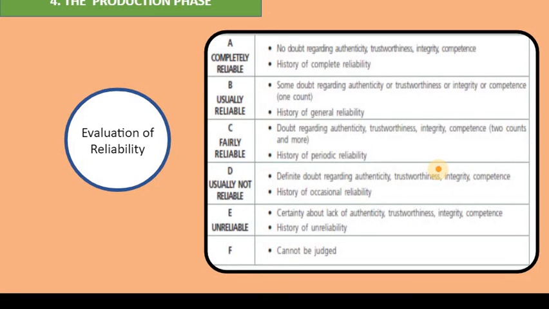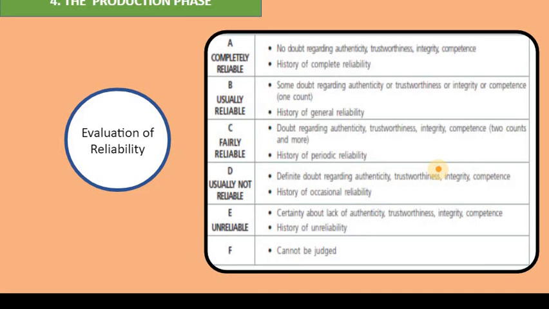Ibig sabihin, fairly reliable, comma, it means confirm. Gets nyo? Ganun sila. Kasi intelligence to, di ba? We have codes dun sa mga information natin, dun sa production phase na to. Kasi they are going to analyze those information na nakuha nila. Eto na yung pag-a-analyze nila. So, binibigyan nila ng code. Naiintindihan niyo po ba yan?